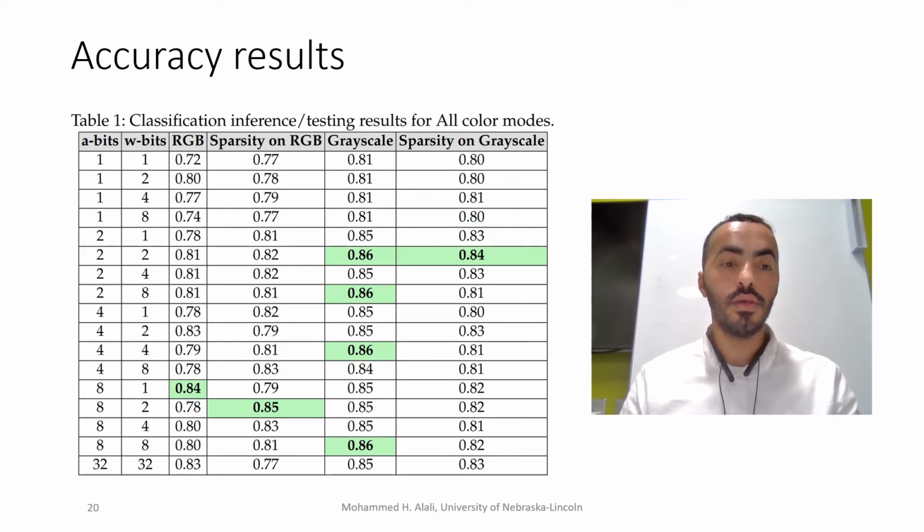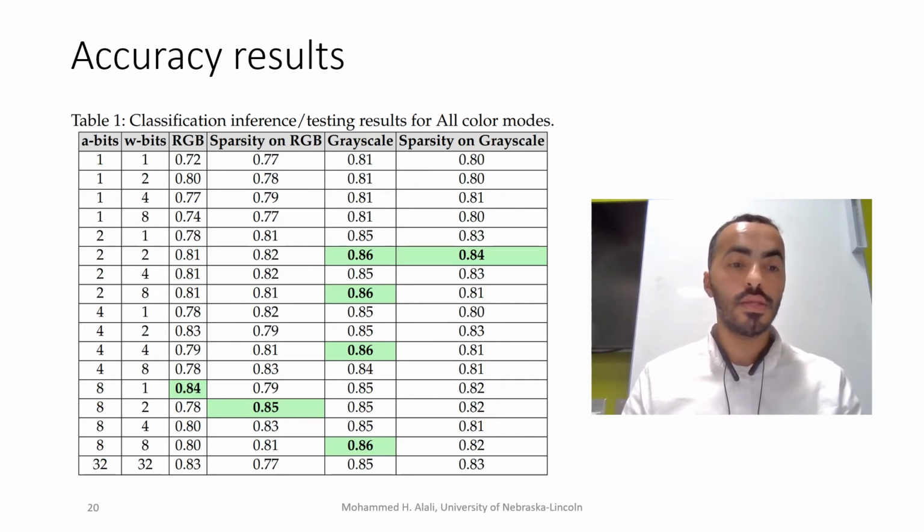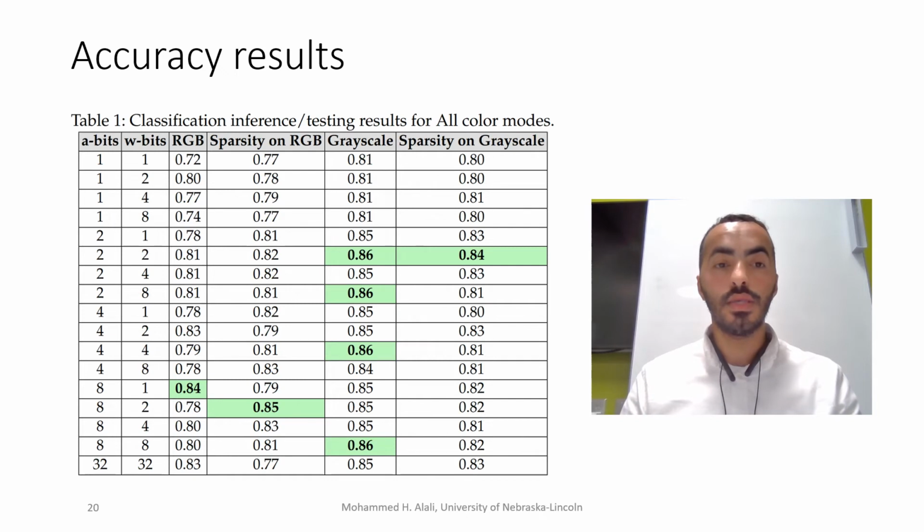RGB performed best when A bit is 8 and W bit is 1. Sparsity on RGB performed best when A bit is 8 and W bits is 2. Also, you can see grayscale.